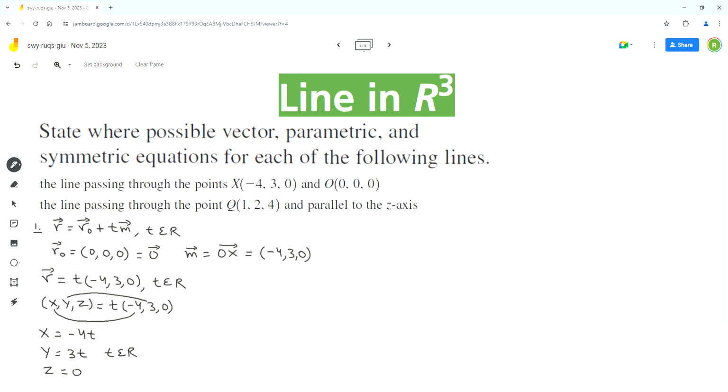Now we can write the symmetric equation, and for that we'll have to isolate t from x, y, and z equations. So let's start with the x equation. We can isolate t by dividing both sides by -4. So this is the expression for t from the x equation. Now we can do the same for the y equation.